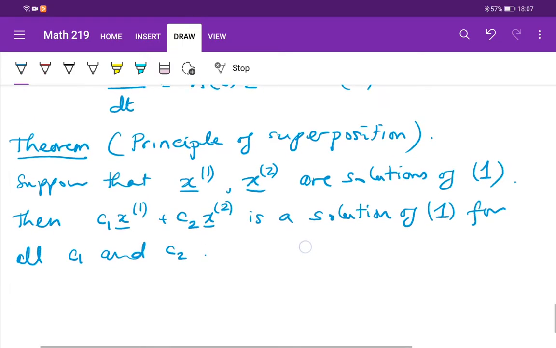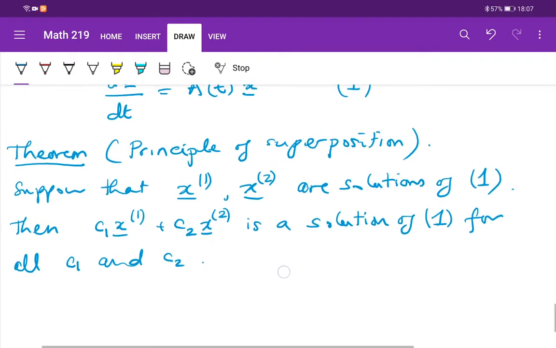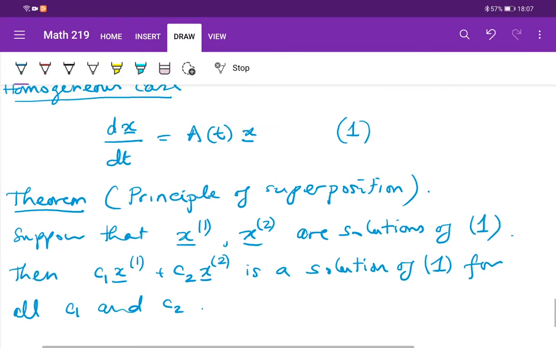Okay, so this is the superposition principle, and this is what makes the whole thing work. Homogeneous systems of linear ordinary differential equations satisfy the superposition principle. So we know that linear combinations of solutions are again a solution.